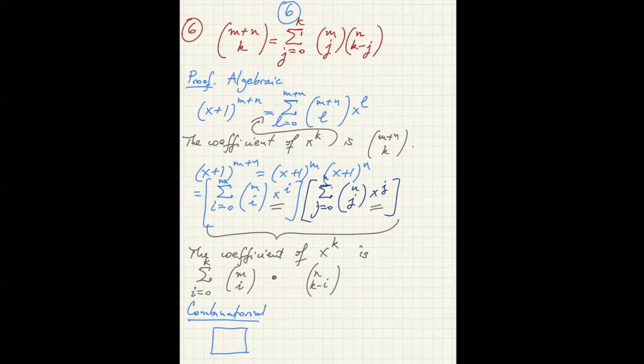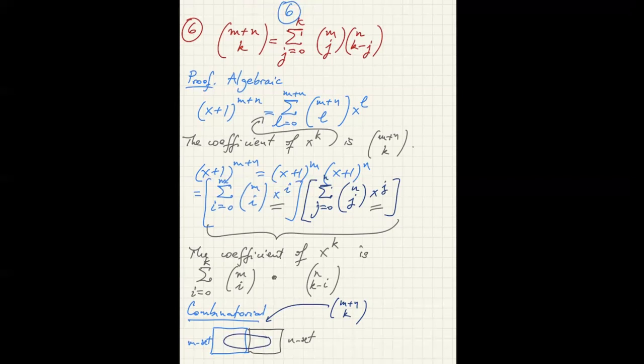Think about a set with m elements, an m-set here, and a set with n elements, an n-set here. With k fixed, you know that m plus n choose k is the number of k-subsets of the union, and a k-subset looks like this.